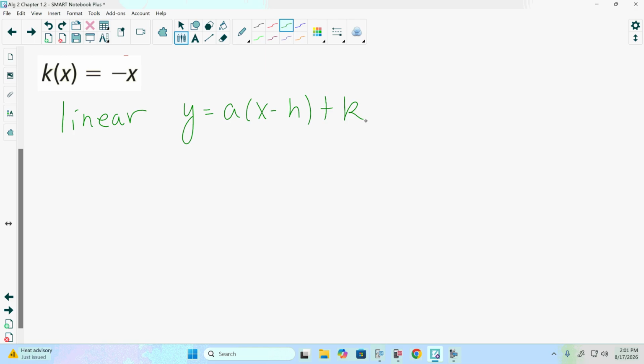Is there a value for H? No, so there's no movement left or right. Does K have a value? No, so that means we're not moving it up or down. Do we have something in place of A? We have the negative, yes. If A is negative, there is a reflection across the x-axis.